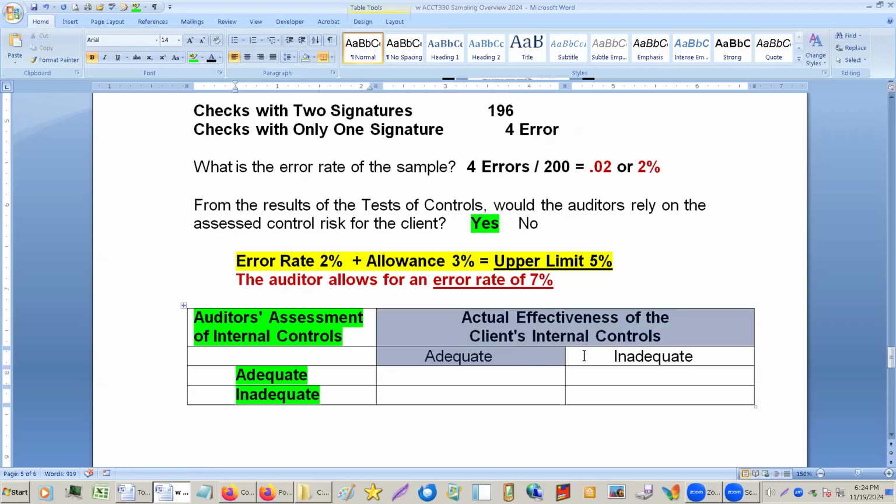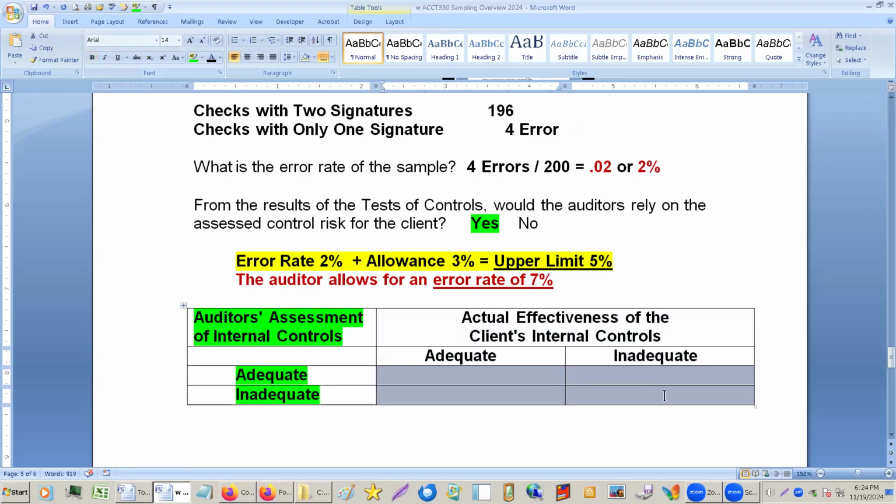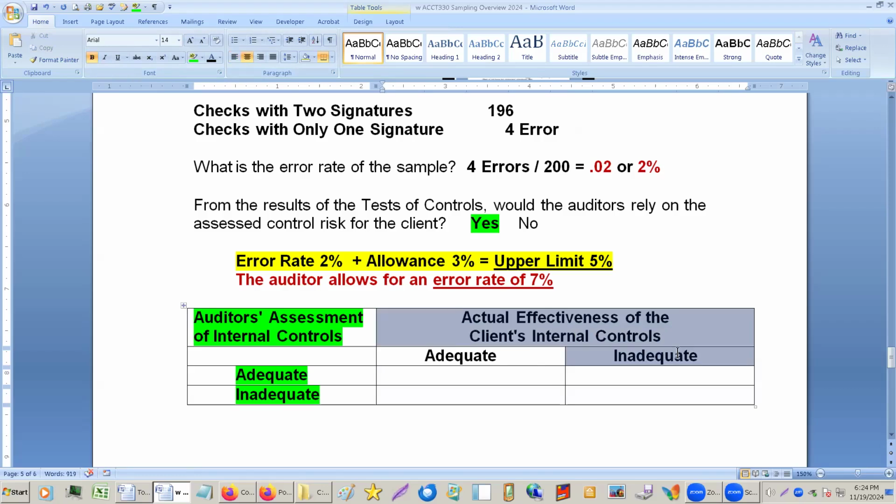Now over here, these are the actual results. If we had a crystal ball and we could see exactly what the actual amounts are, this is what we come up with.